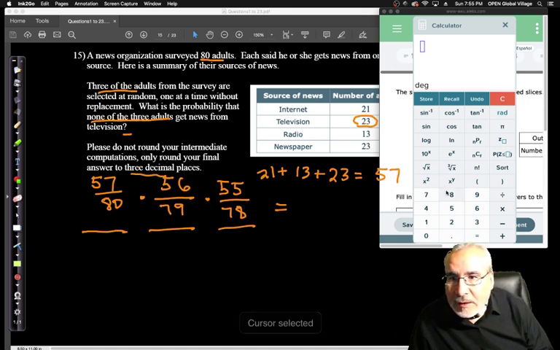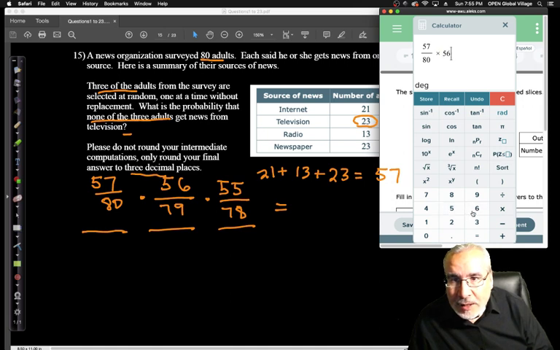Okay, so we've got 57 divided by 80. Again, on here, just click up times 56. And see, in this way, we don't need to worry about rounding our answers as we go, because this is just going to calculate it all in one step, actually taking care of order of operations and everything for us.